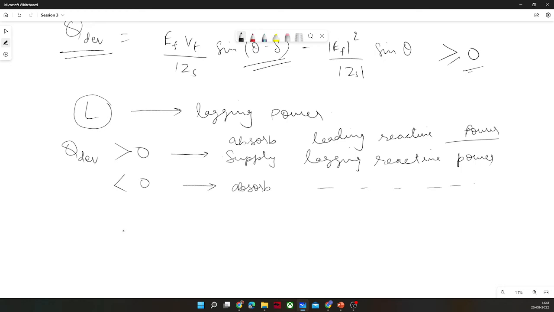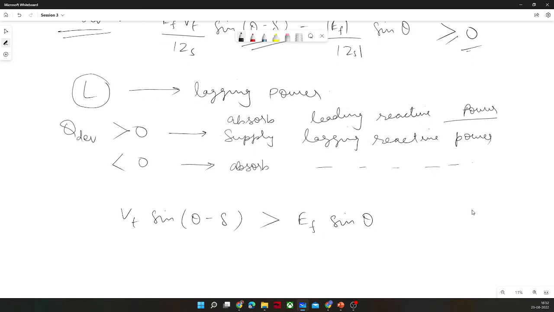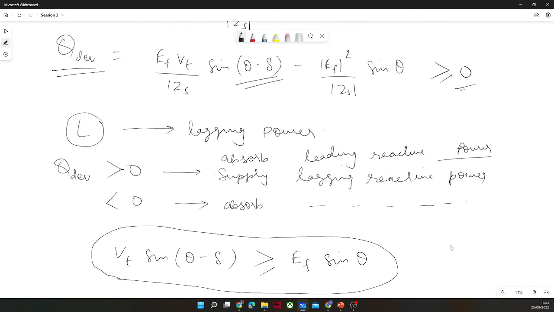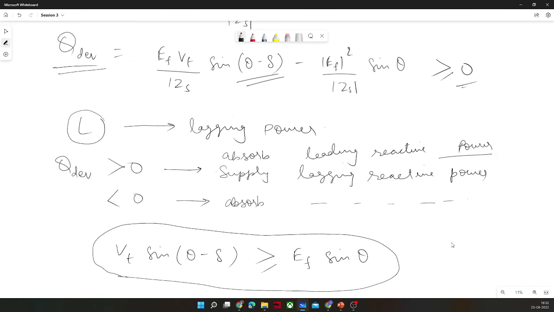So Vt sine theta minus delta would be greater than Ef sine theta. When this condition is followed, your machine would be overexcited, and it would be able to supply the power. That is the basic funda behind it.